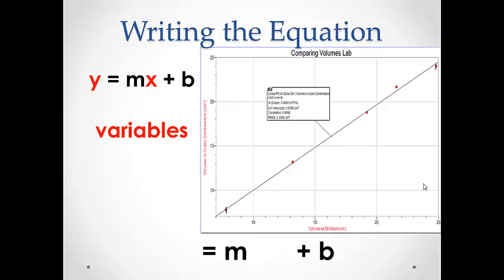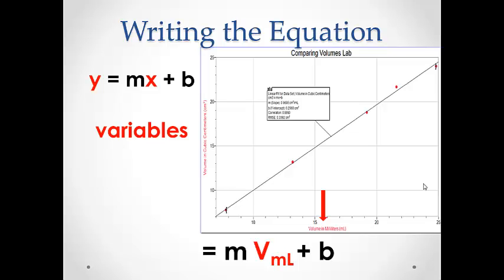In the Comparing Volumes lab, we compared the size of a milliliter to the size of a cubic centimeter. Our independent variable, volume in milliliters, was graphed on the x-axis. This will make it our x variable in our equation. So instead of using x in our equation, we will write volume in milliliters in its place.